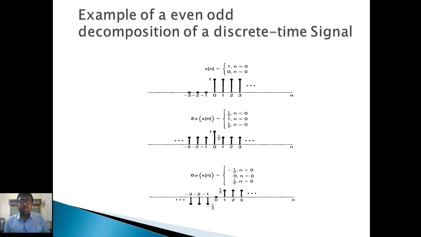This will be beneficial when we study modulation and demodulation in communication. When we have to characterize and describe a signal, we will use this property. One signal can be decomposed into two different signals. One will be even, another will be odd. Okay, let's go to the next slide.